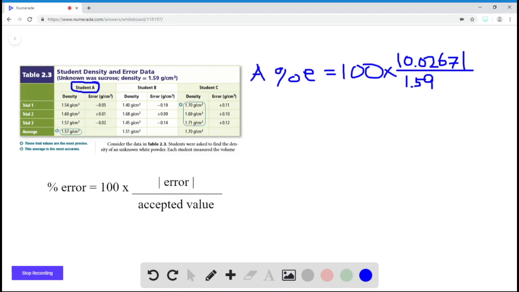And these are both in grams per centimeter cubed. I forgot to write this up here, grams per centimeter cubed. And so if we calculate student A's average percent error, we get a value equal to 1.68%.